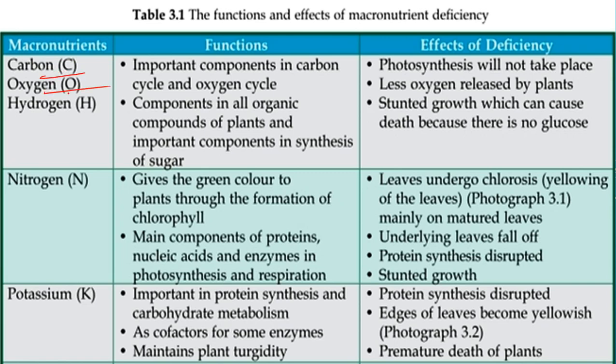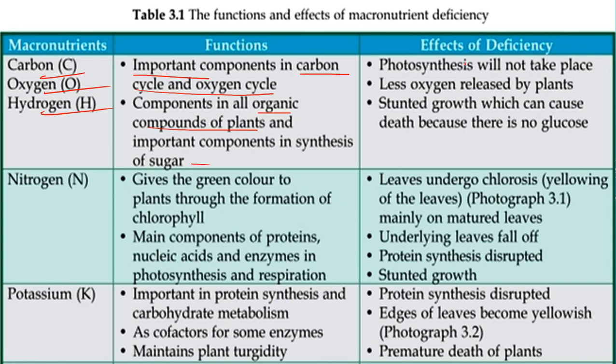The main macronutrients are carbon, oxygen, hydrogen. Function: important in the carbon cycle and oxygen cycle, and these are components of all organic compounds of plants and important components in the synthesis of sugar.